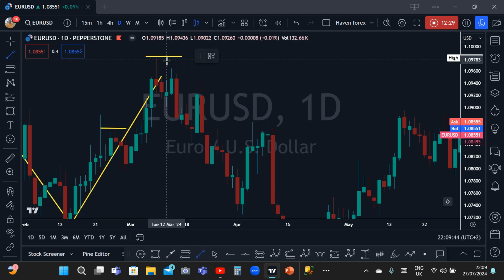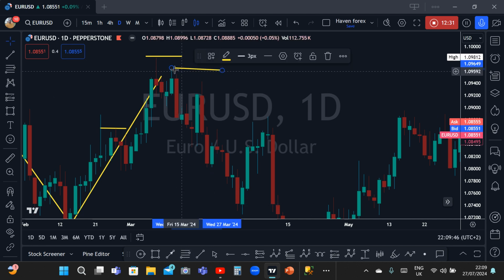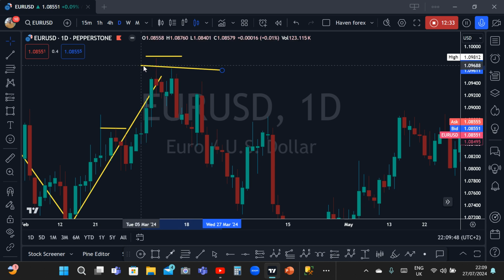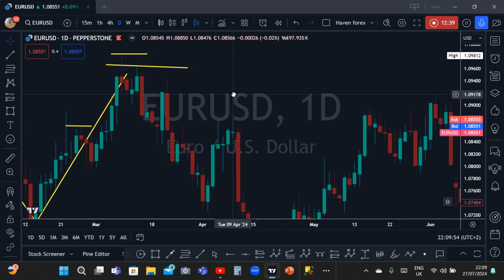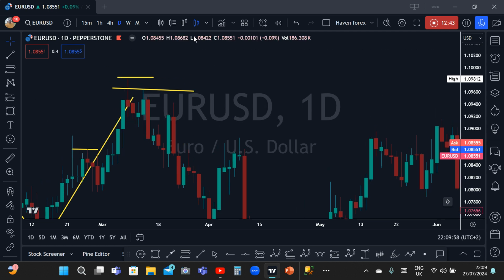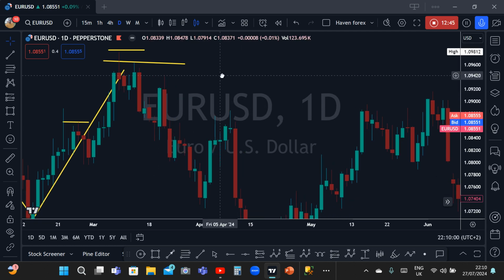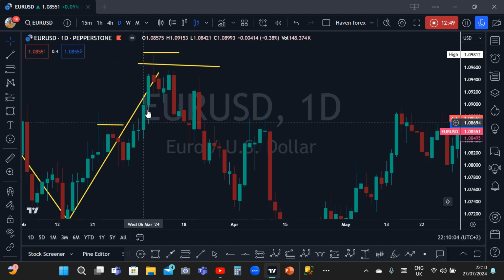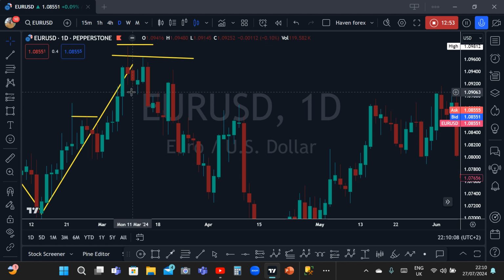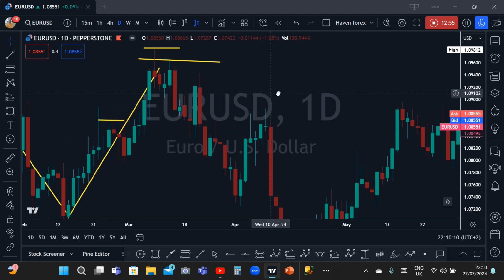Look at it. It stopped here. So that means this guy failed to create another high. What is he now telling us? He's telling us a story that this trend, this corrective phase, is gradually coming to an end.